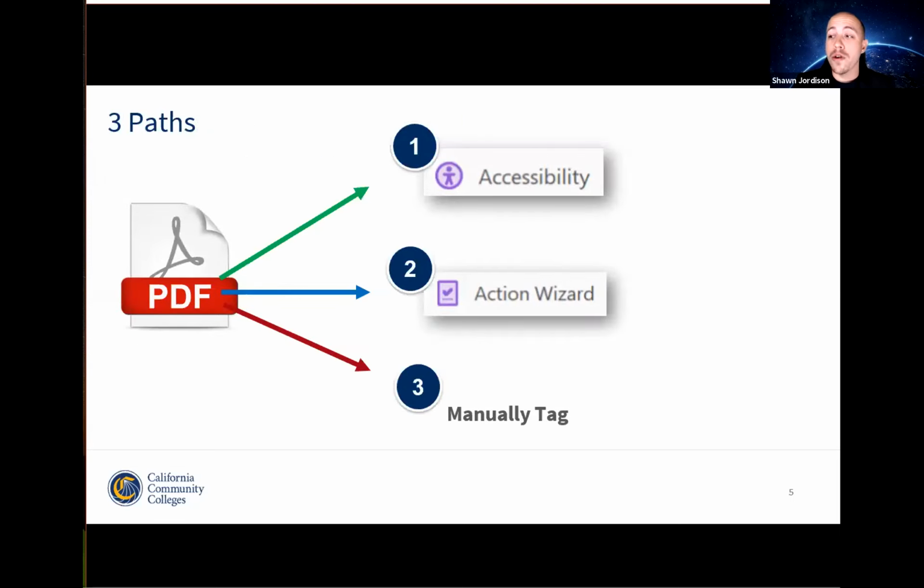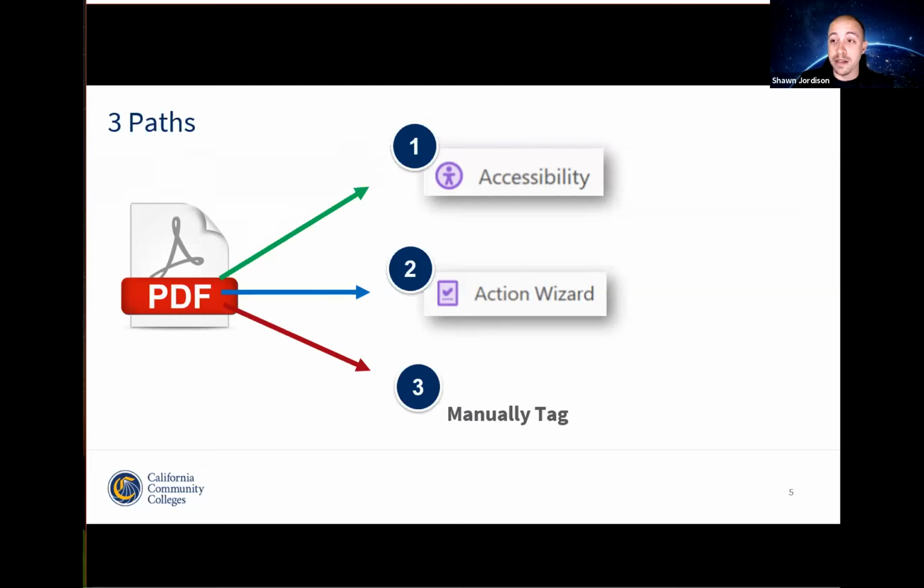So there are many different paths for accessible PDFs. Today, we're going to be talking about these three. We are going to look at the Action Wizard, using the accessibility checker, and of course, manually tagging. This is why it's a speed run.